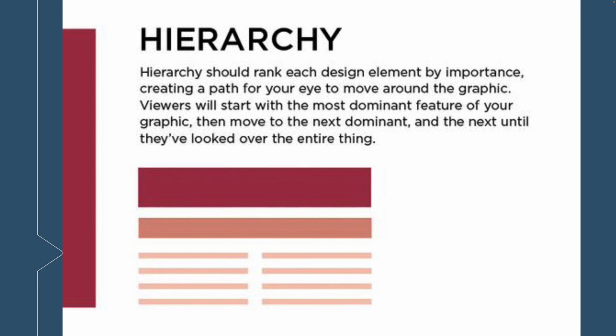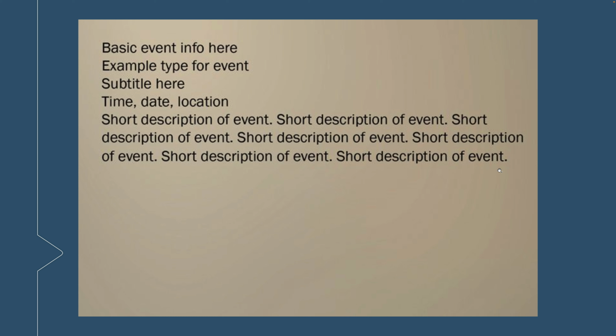So again, talking about hierarchy is basically just how you rank each design element by importance, right? And not that if you're putting out a flyer or if you're even making a business card, something like that, if you're making a composition, obviously everything in the composition is important. So we don't mean like important in the grand sense of things, but you can decide sort of what's more important by establishing this hierarchy. So we have here, this is not designed at all, obviously, but some dummy info for a basic event, right?